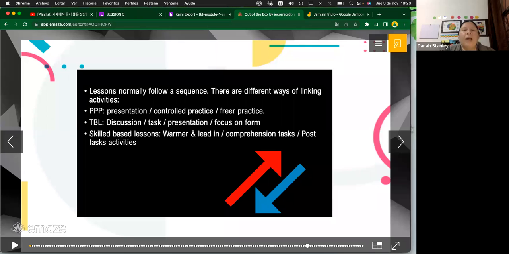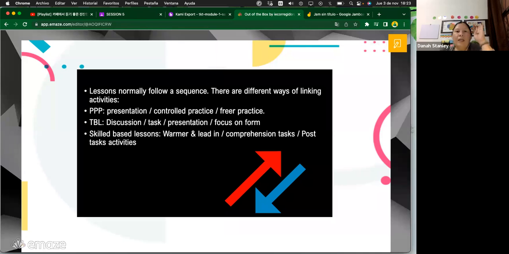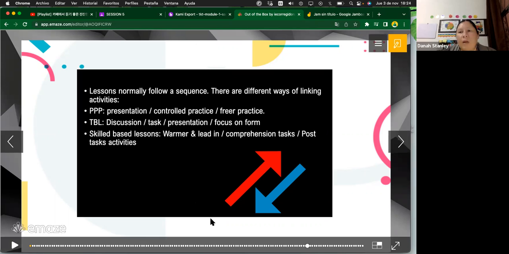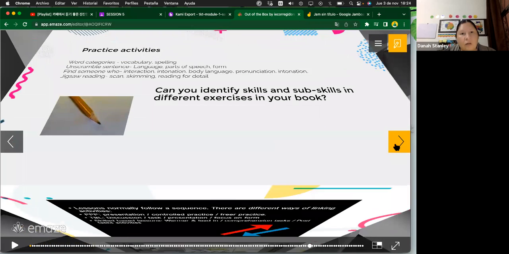Skill-based lessons, I can have the 4 skills in the same lesson. As we said, and as we saw, many of these methods combine or allow us to combine different skills with different sub-skills. Again, based on the main objective I have decided for this lesson.